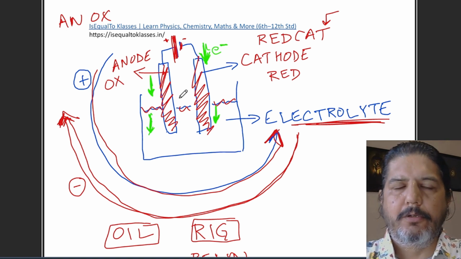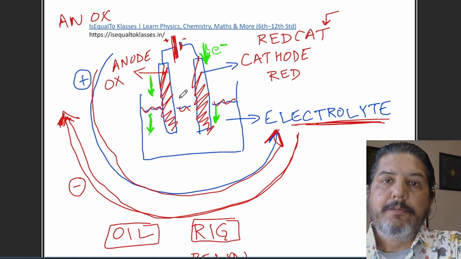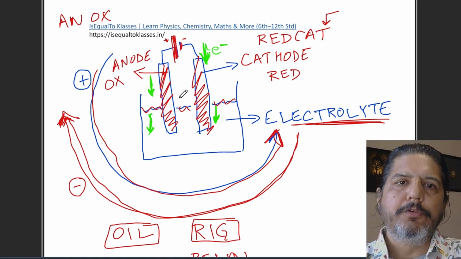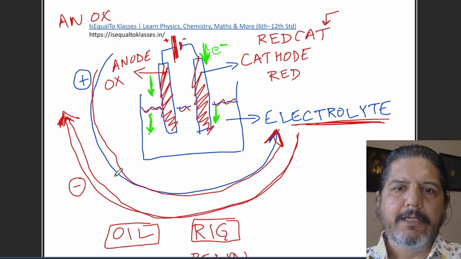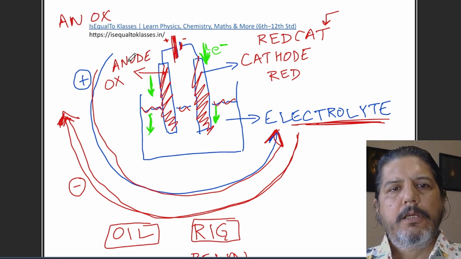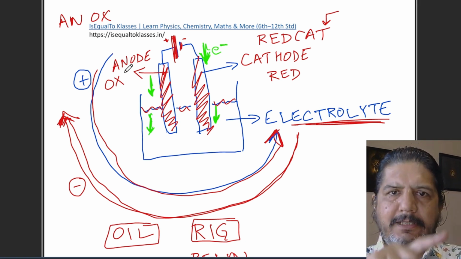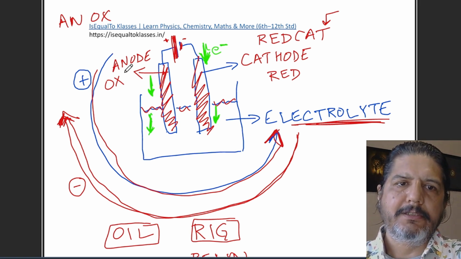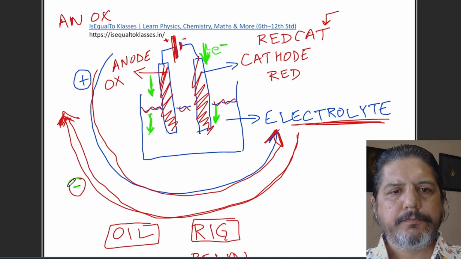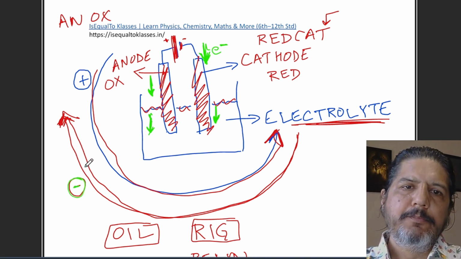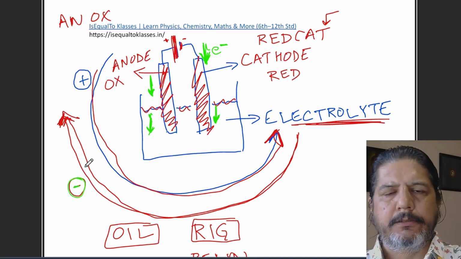They will help you a lot because at times things get a bit confusing. So always remember that the positive ions will move in the anti-clockwise direction. If we complete the cycle, they will be moving in the anti-clockwise direction, and the negative ions will be moving in the clockwise direction. Remember that.